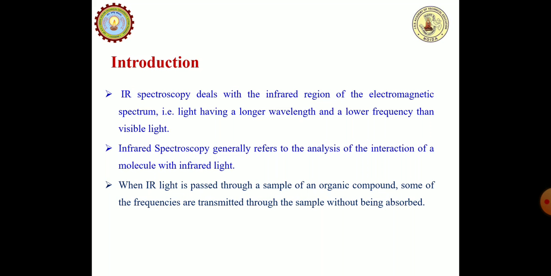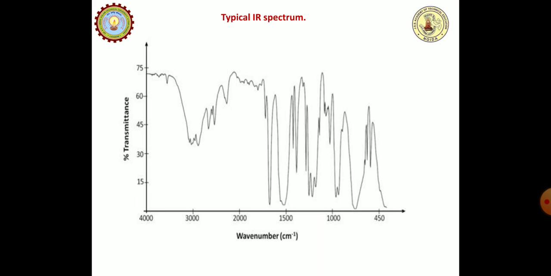When the infrared light is passed through a sample, some of the radiation frequencies are transmitted through the sample without being absorbed. Some of the radiation frequencies may be absorbed. Based on that, the plot of percentage transmittance against wave number is called the IR spectrum.